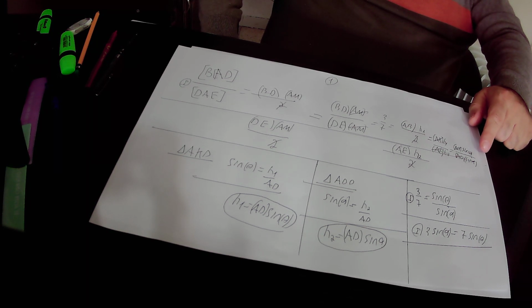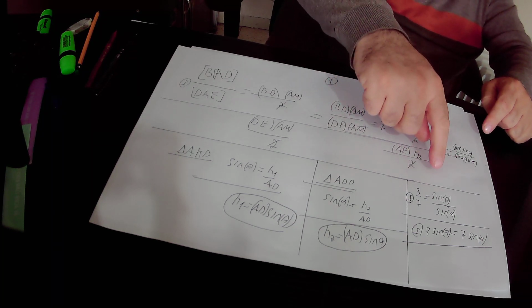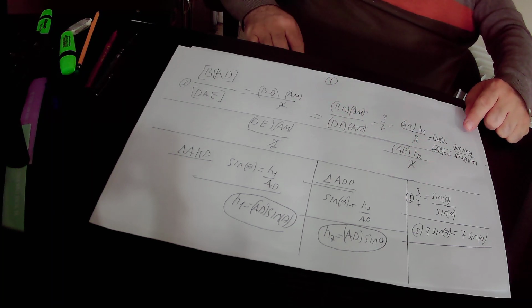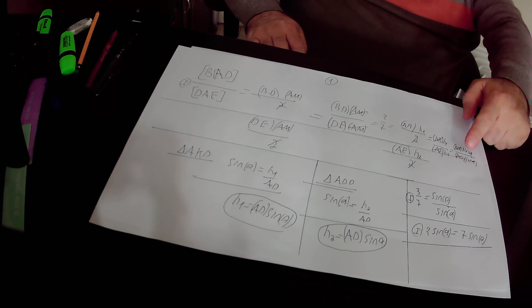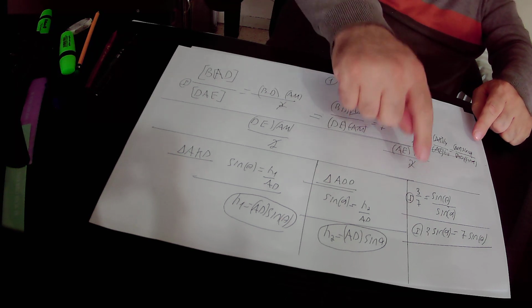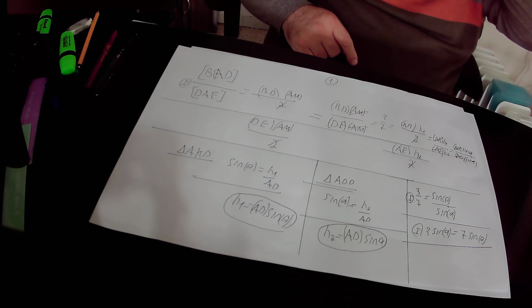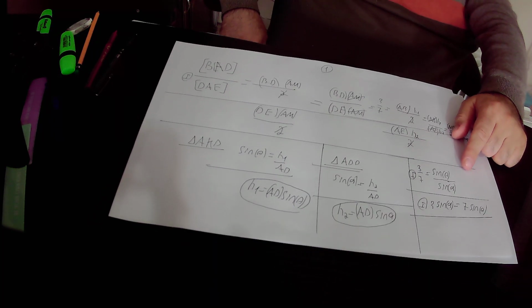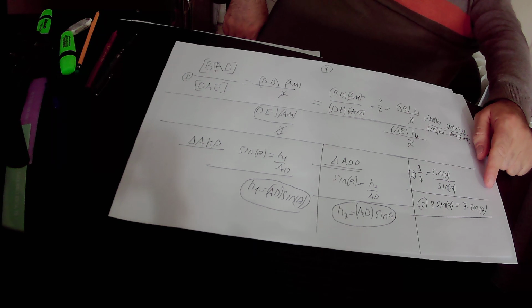We did it, and we have AD in the numerator and AD in the denominator, so AD will get cancelled. In conclusion, 3 over 7 equals sine theta over sine alpha. We cross multiply, equation number 1, and we get that 3 times sine alpha equals 7 times sine theta.